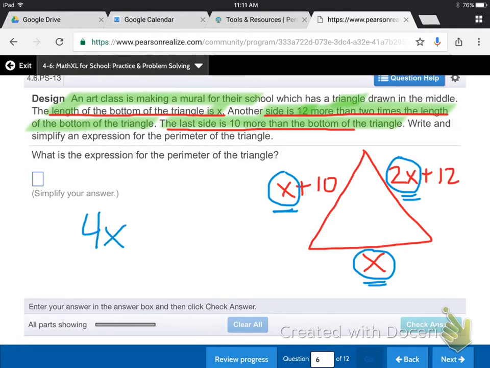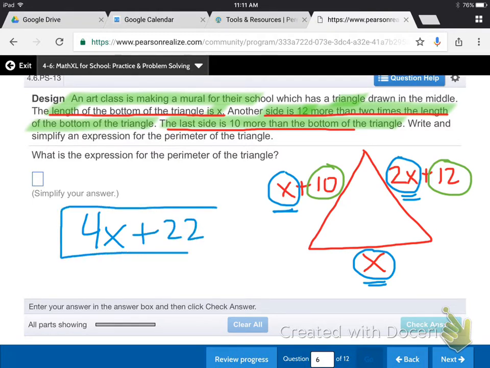And we have to also add up this positive 10 and this positive 12. Those are like terms. So 10 plus 12 is how much? Plus 22. And so that is the expression for the perimeter, or the total length of all 3 sides in the triangle. That's our answer.